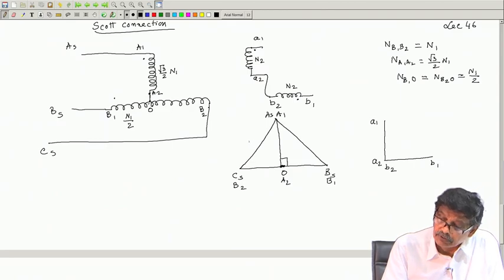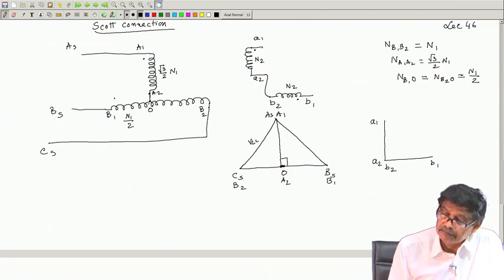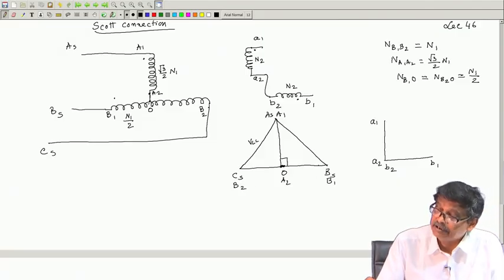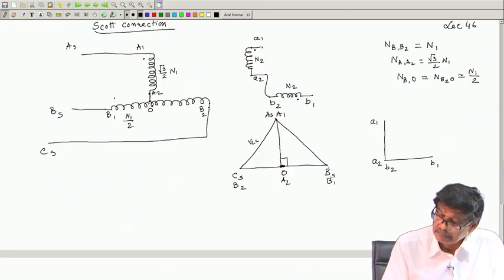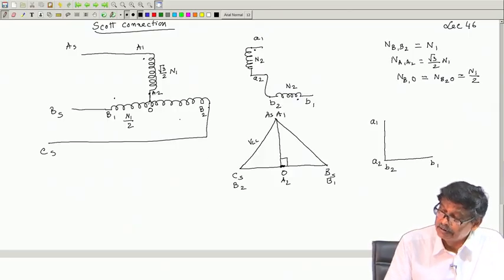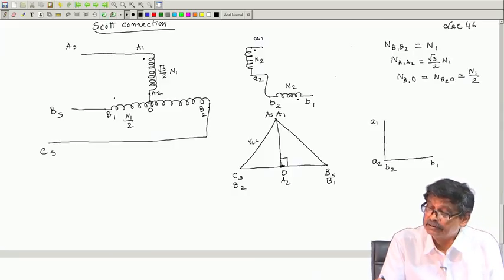Suppose the line to line voltage applied is VLL. Therefore, voltage applied across the primary of B transformer is VLL, number of turns is N1. So, VLL by N1 into N2 will give you the voltage here. If I write, voltage V B1 B2 will be VLL by N1 into N2.